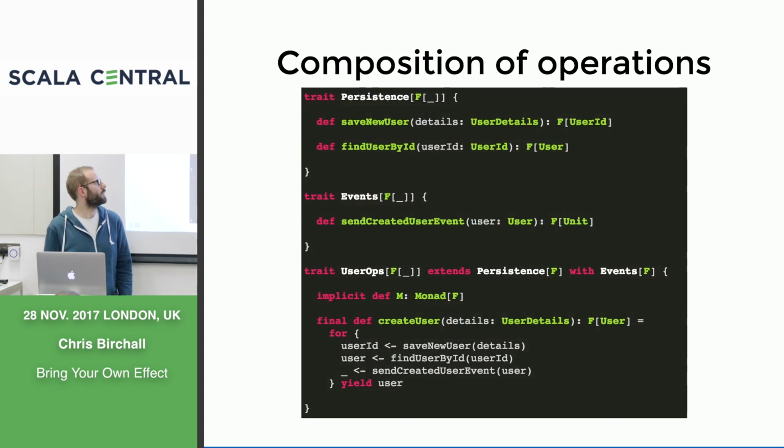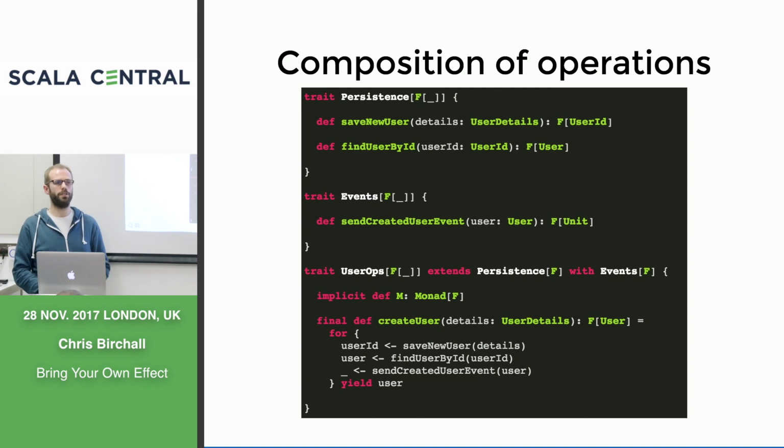So this example that I'm going to go through is an application for managing users and their permissions. You can do things like create a user or update a user's profile, that sort of stuff. We've got a few traits here. I call these algebras. We've got one algebra for persistence, which is saving users to the database and finding them by ID and so on.